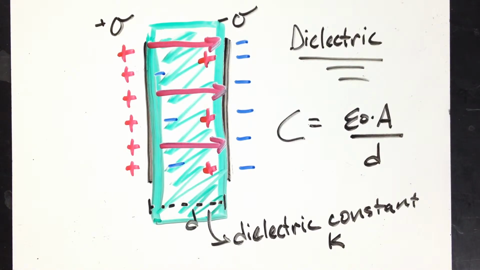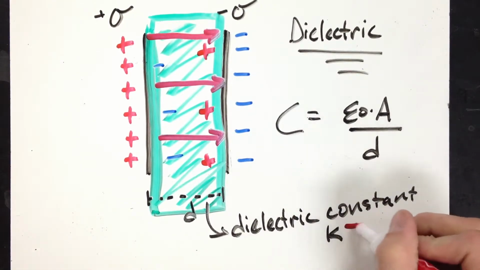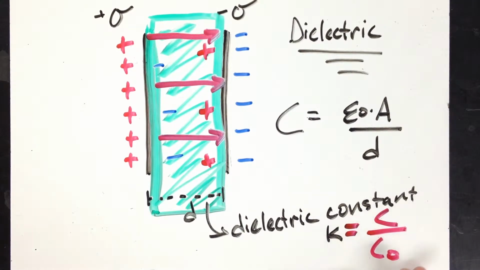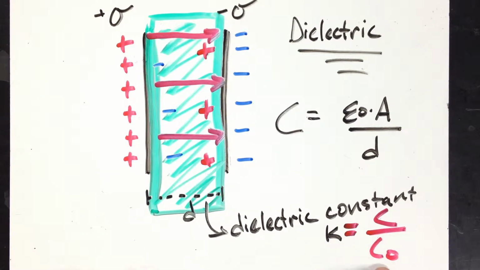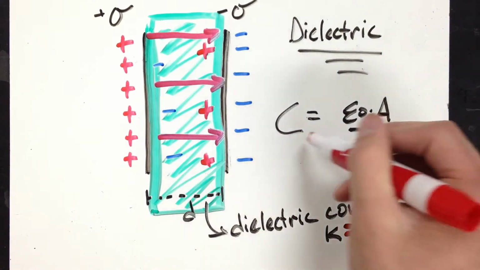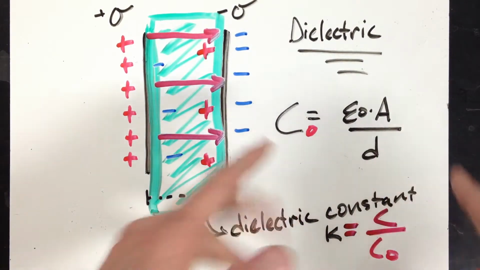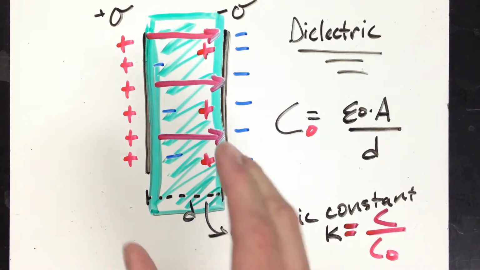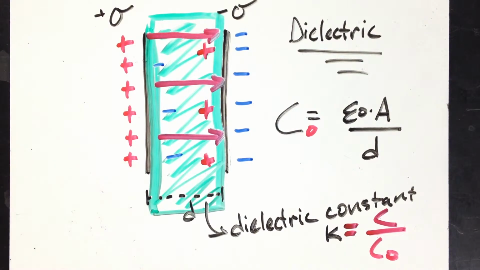So the definition of a dielectric constant K is a ratio of my new capacitance to my old capacitance. So my old capacitance would be this, what it was previously, whenever in this case I just had air before, and this is the new capacitance value with this dielectric inside.